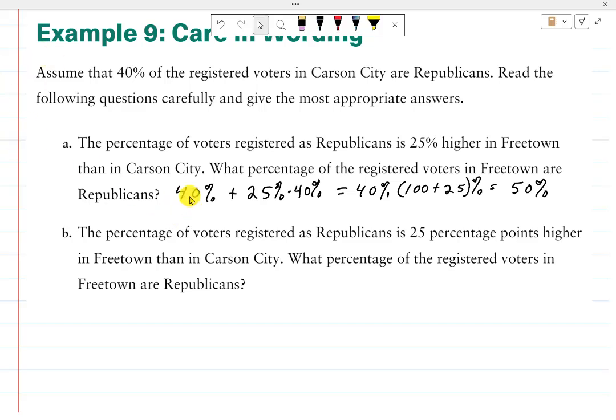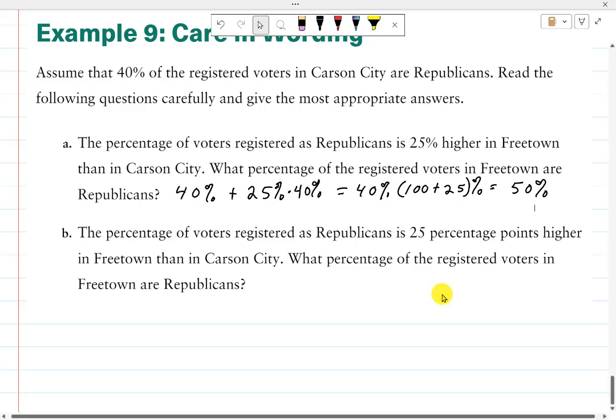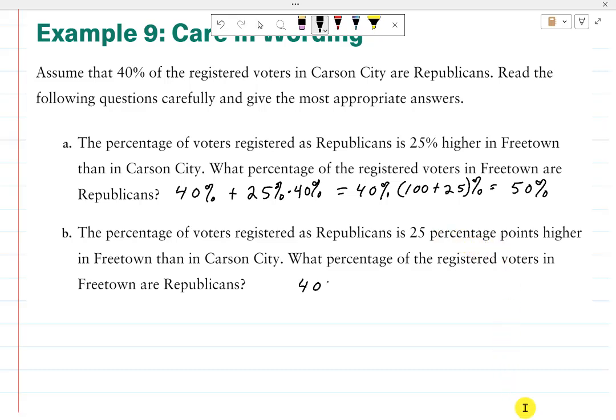If we take 25% of 40, that equals 10%. Take the 10% and add it to the 40 to give you the 50, and you'll see you get the same thing. This is a little bit different. 25 percentage points higher means this is what you want to do. You want to take your 40% and then directly add 25% to it to get 65%.